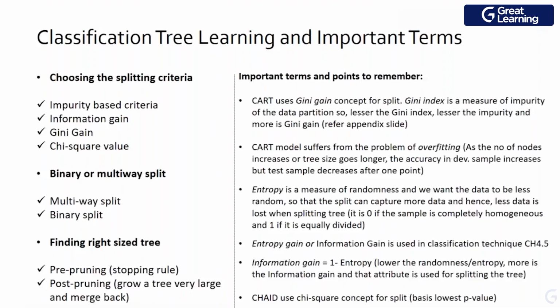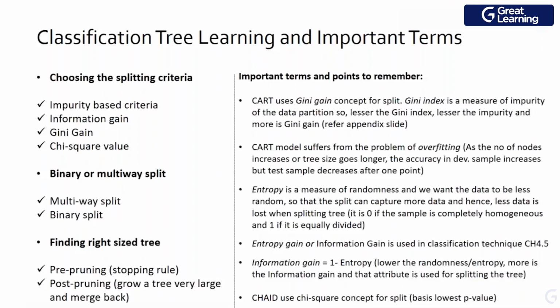So there are different splitting criteria based on the kind of algorithm you're using. So one is that you have to choose a splitting criteria. It could be impurity-based criteria, information gain is one of the criteria or concepts. There is Gini gain, and then there is chi-square value. So it depends on which algorithm you're using, and we'll cover it as I proceed further.